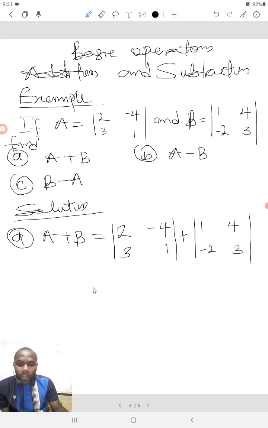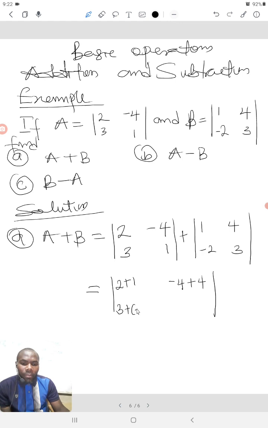To add the matrix, since they are in the same order, it is very easy to add, because 2 we add with 1, they don't put a comma in matrix, minus 4 we add plus 4, you close the bracket, you add 3 plus minus 2, you add 1 plus 3.